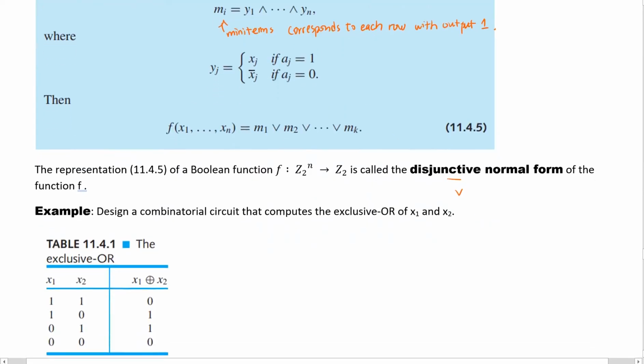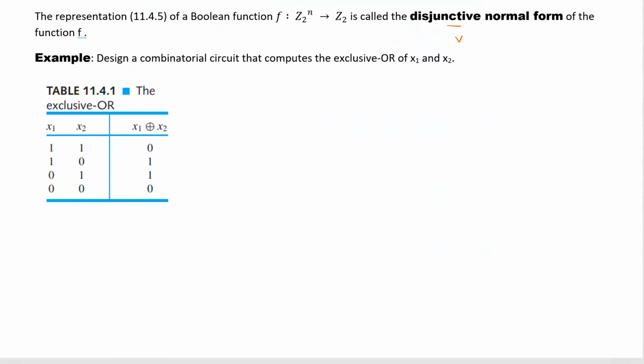Next, let's look at our example. Let's design a combinatorial circuit that computes the exclusive OR of x1 and x2. First step, let's figure out which rows have the output 1. Those are the two rows.